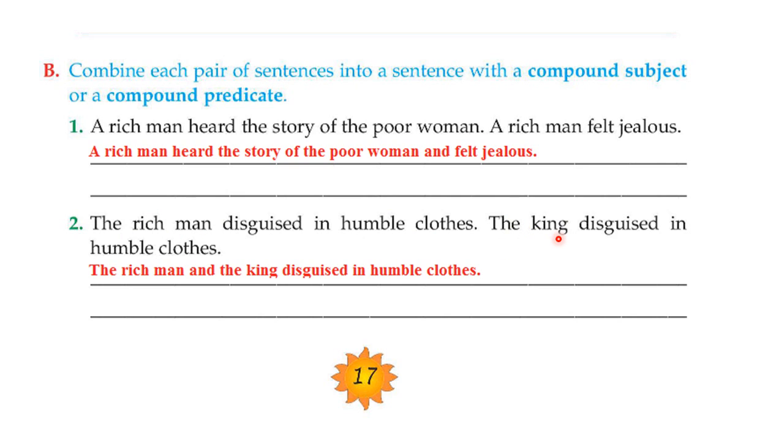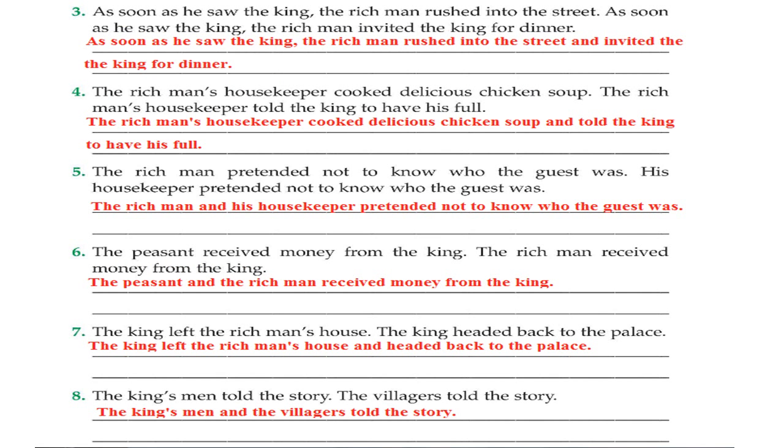So here we have the same verb, disguised, or the same predicate, disguised in humble clothes, but different subjects. So we write the predicate once and combine the subjects. It becomes, the rich man and the king disguised in humble clothes.